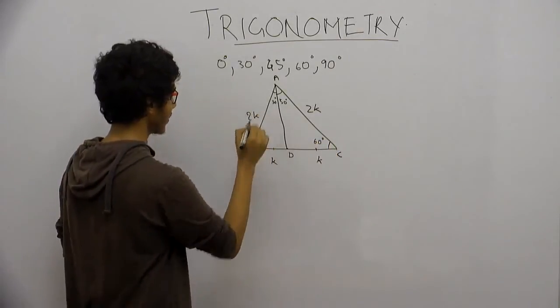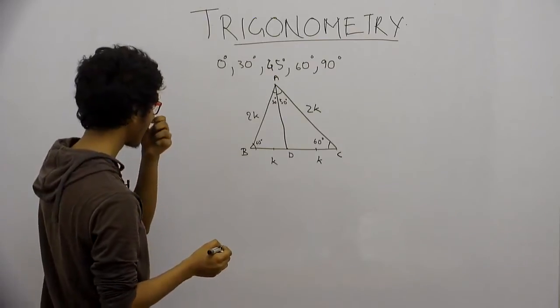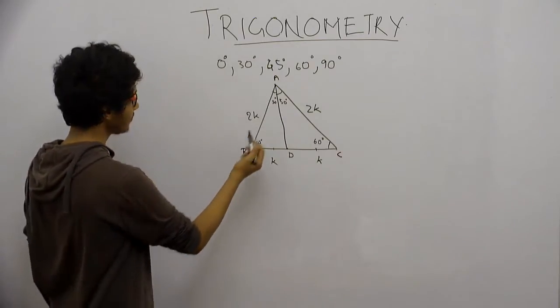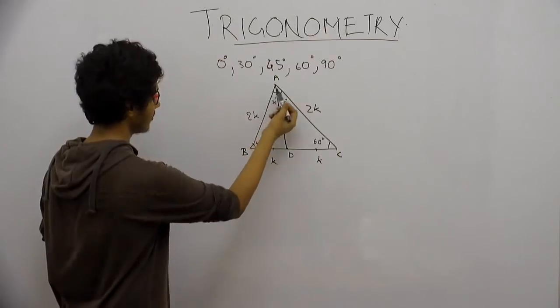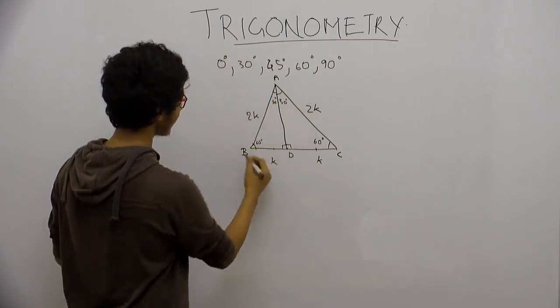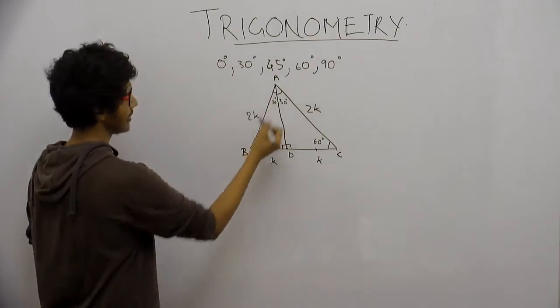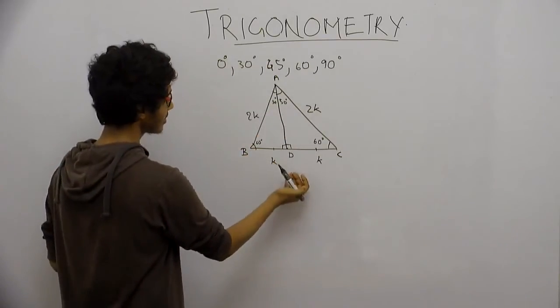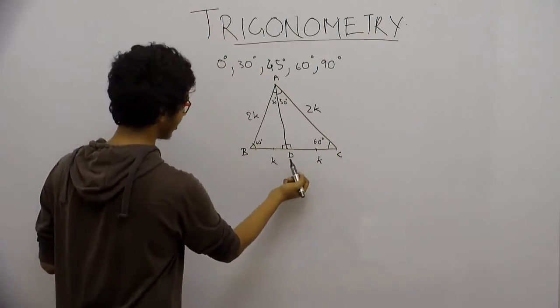This is also 2K. Now we know this becomes a right angle triangle on both sides. Let's consider triangle ABD. In ABD, we have the hypotenuse. We know the base BD. We can find out AD by Pythagoras theorem.